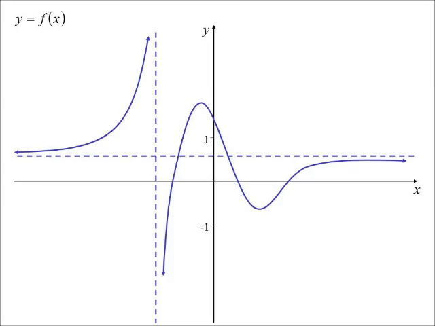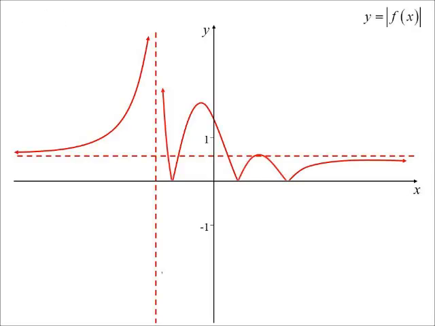There's my original graph, y equals function x. If I want to draw y equals the absolute value of function x, the bit underneath now disappears because y can't be negative. So we're saying y is the absolute value. But what was below reflects above.